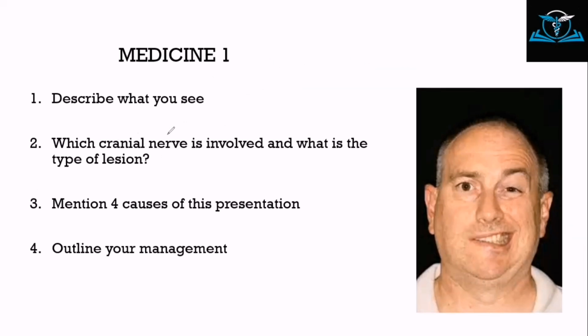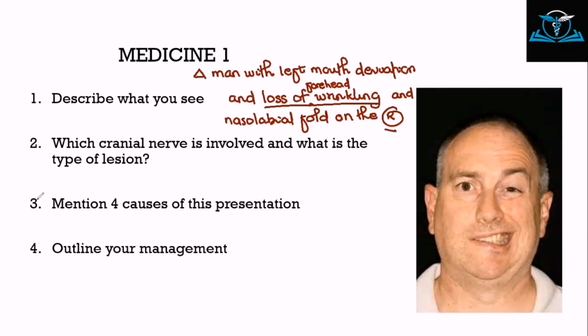What cranial nerve is involved and what is the type of lesion? Please do not write the cranial nerve involved is, and then write another sentence, the lesion is. This is a short answer station. Could you please not claim the answer so that we can take a picture and then later on go through it again?